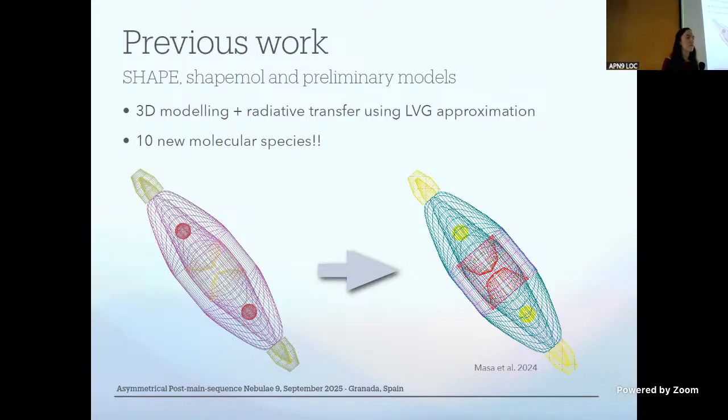And as Miguel mentioned, as part of this project, I computed the tables to enable SHAPE and SHAPEMOL to use the new molecular species. So if you're interested in this kind of modeling, stay tuned because they will be public as soon as my last paper, which is already under review, is published.